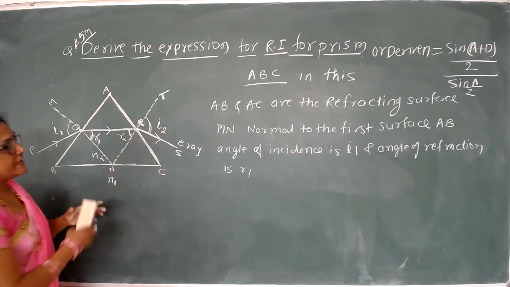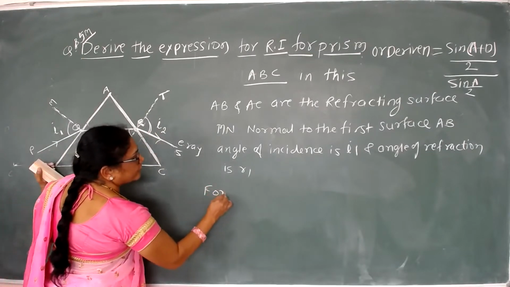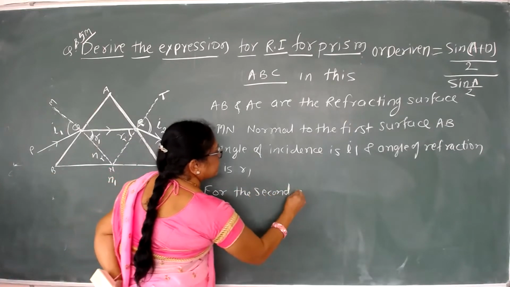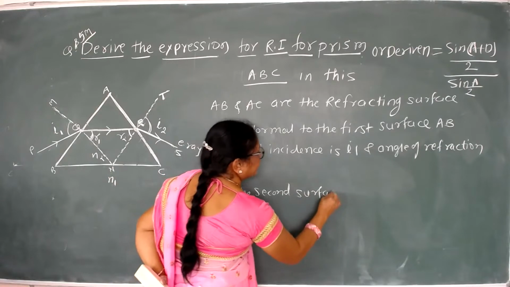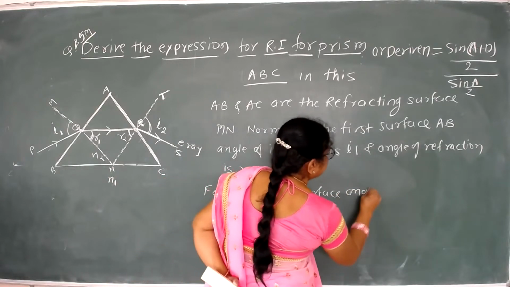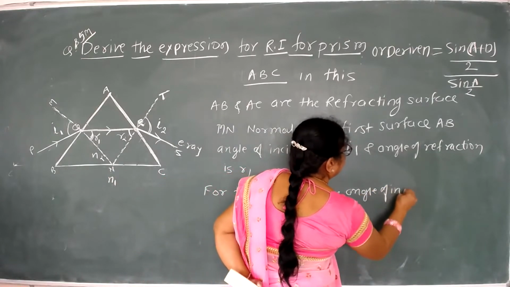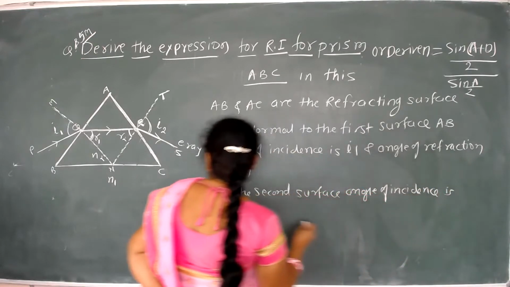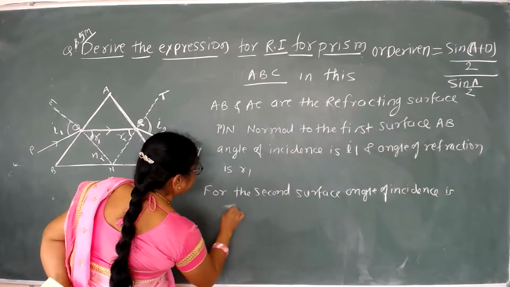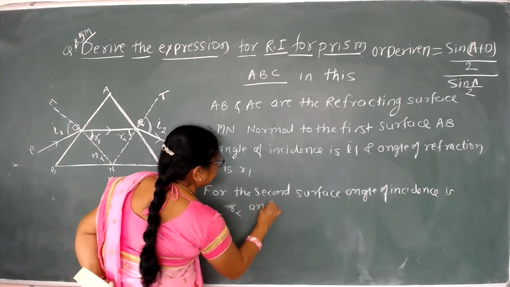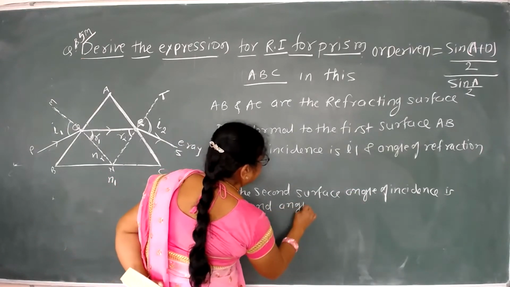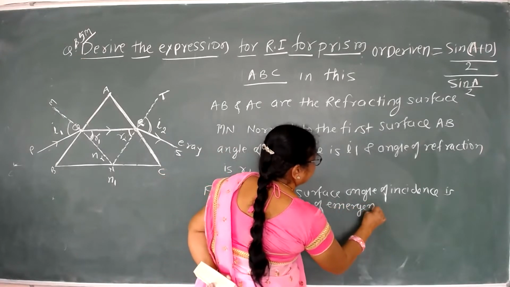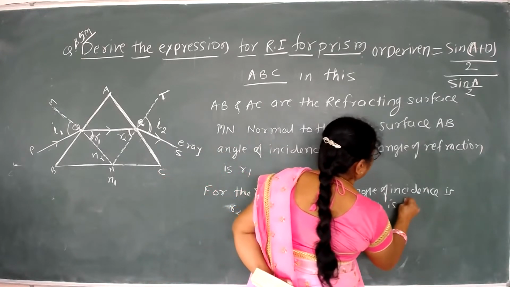So in this slide, for the second surface, the angle of incidence is R2, and the angle of emergence is I2.